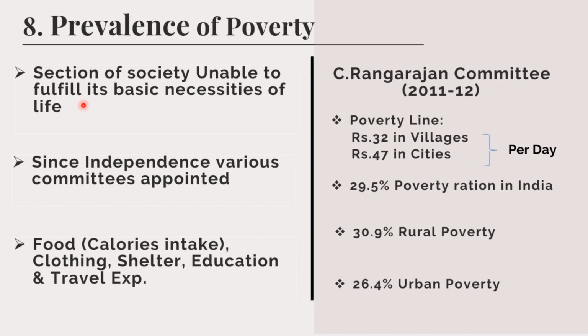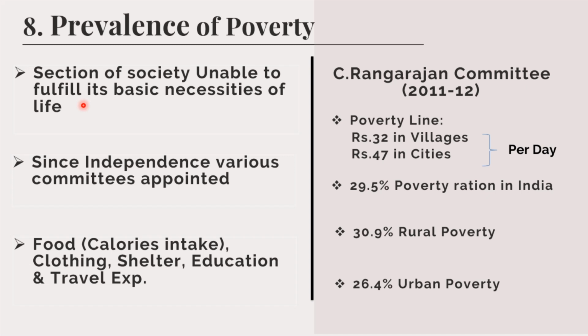Then in the year 2011, the Suresh Tendulkar committee determined the criteria of monthly spending of an individual on food, health, education, electricity and transportation. The people who get access to these facilities are considered the people above poverty line, and who are not having the access are considered as below poverty line.